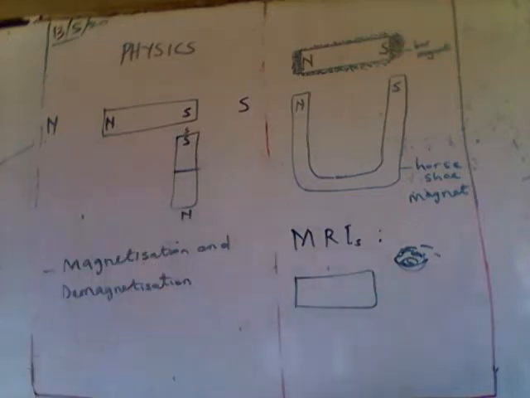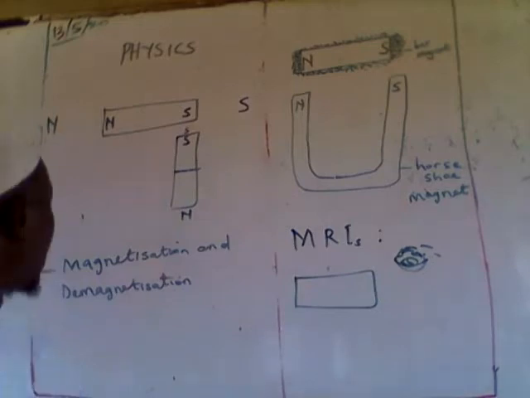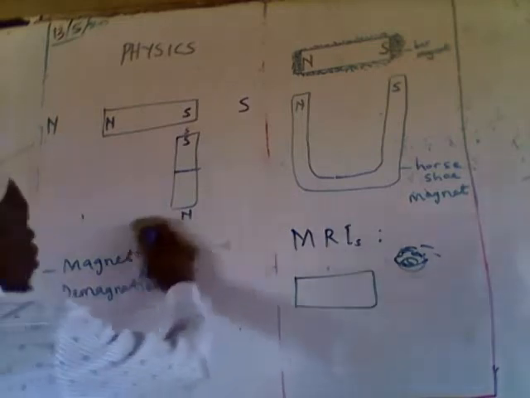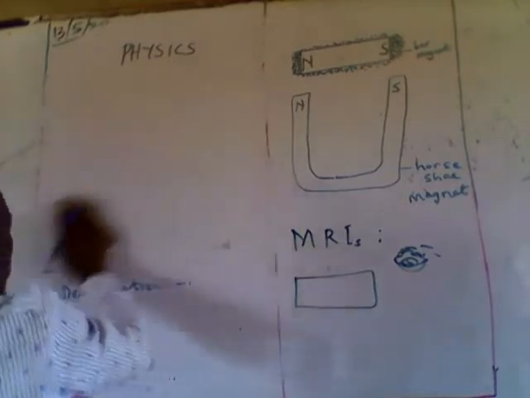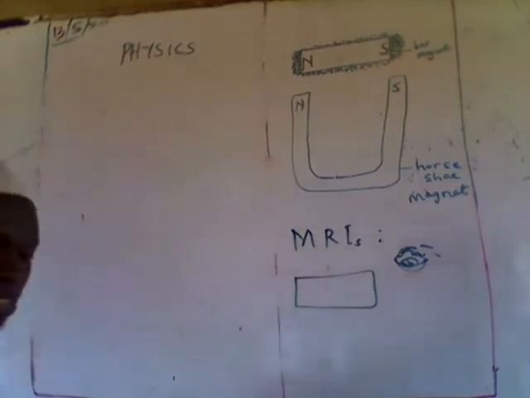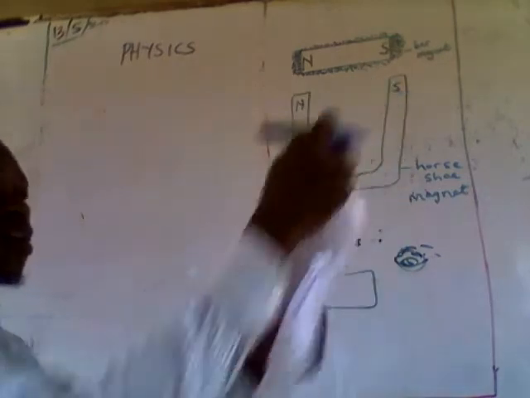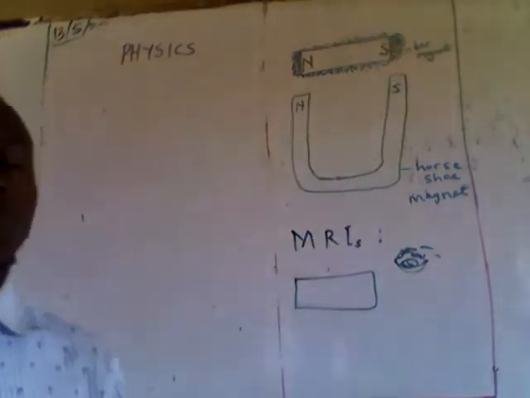Number one is by free suspension of a bar magnet. Then number two is by using a compass. What do you mean by compass? A compass is a device used for navigation.